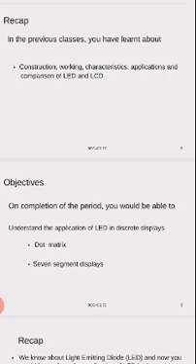And its VI characteristics, LED VI characteristics, and LCD VI characteristics discussed in the last class.